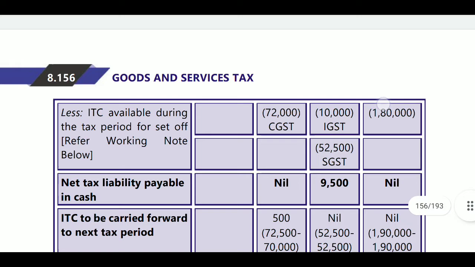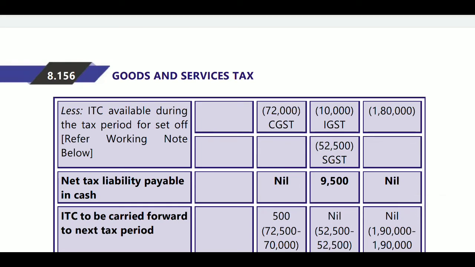Next, less ITC available during the tax paid for set off. What is there in set off? That is, we purchase the items. So on purchase we get the IGST of 1,90,000. So we can utilize 1,80,000 for IGST liability, and the remaining IGST we utilize for the SGST amount.